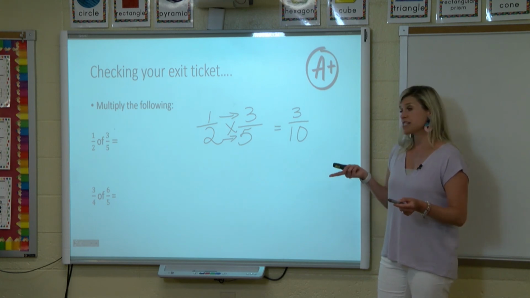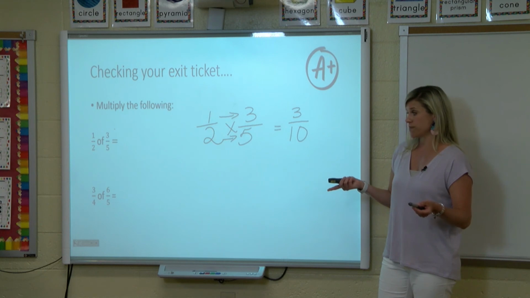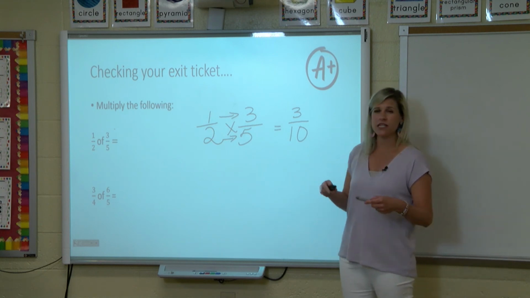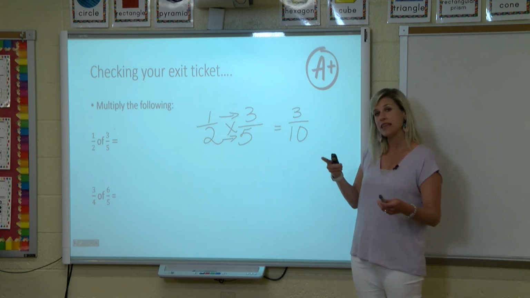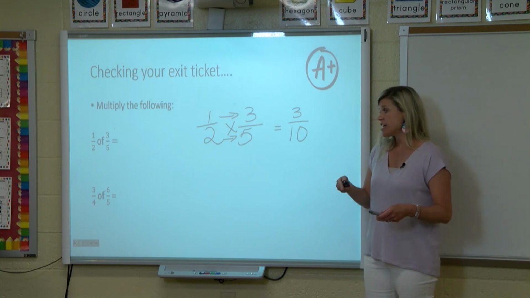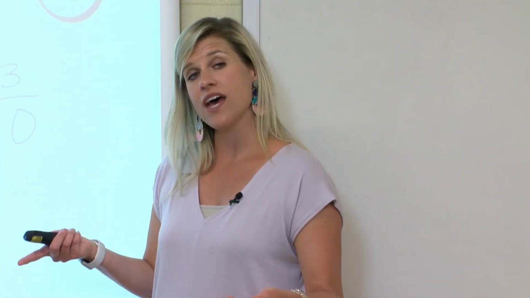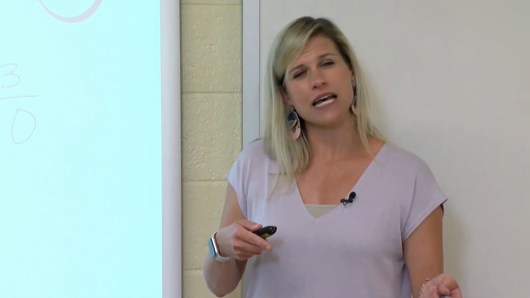Now, if you look below, I have 3/4 of 6/5. Remember, 6/5 is considered an improper fraction. 5/5 is 1 whole, and so 6/5 is really like saying 1 whole and 1 more piece left over out of the 5. So 6/5 is 1 and 1/5. And so if you're thinking about 3/4 of that, sometimes that's hard.